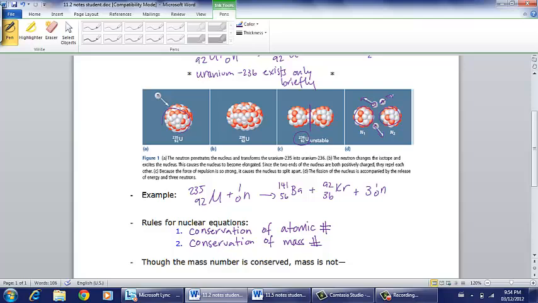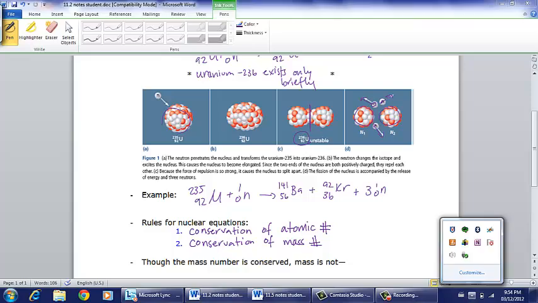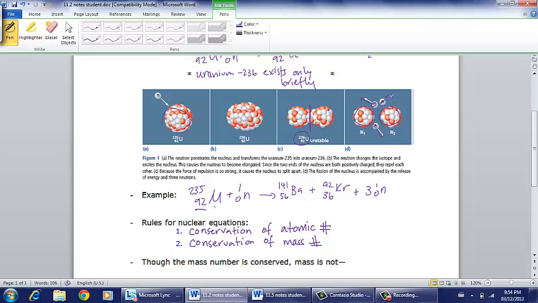Looking at the above equation, if we look at conservation of atomic number, we have atomic number of 92 on the reactant side. Over on the product side, we have 56 plus 36, which equals 92. For mass number, we have 235 plus 1, so that's 236.